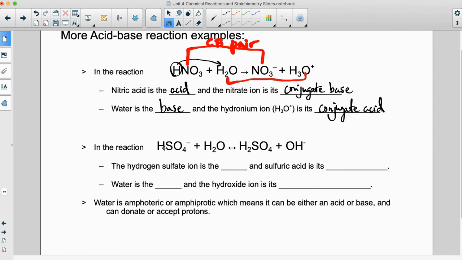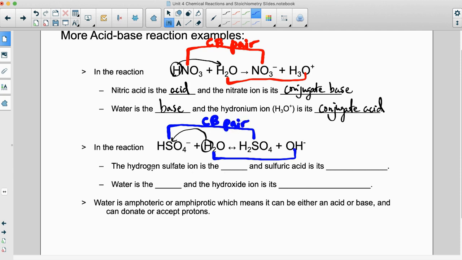Now in this second reaction, if we take a look at what's happening, here we have this hydrogen sulfate, and over here we see that a hydrogen has been added. So in this case, a proton from water has been donated to the hydrogen sulfate ion. And our conjugate base pairs are these. And water and OH minus is another conjugate base pair.